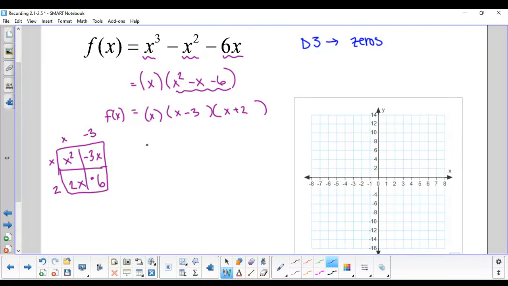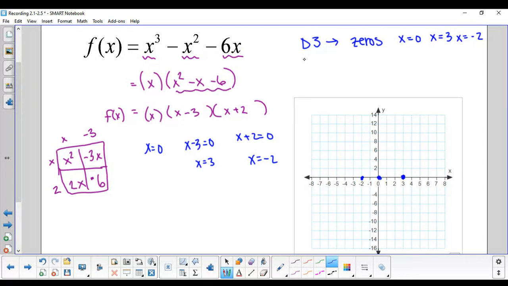My 3 zeros are going to be happening at x equals 0, x equals 3, and x equals negative 2. So I want to make sure I plot those points. Remember, these are the places where my graph is going to cross the x-axis. So I'll go ahead and put those in right away so we don't forget.